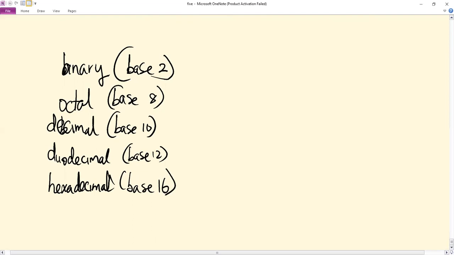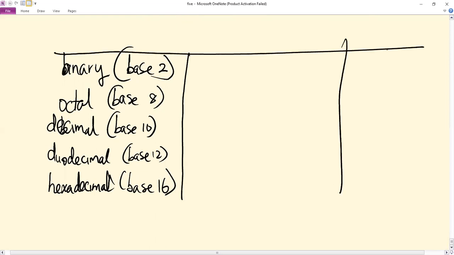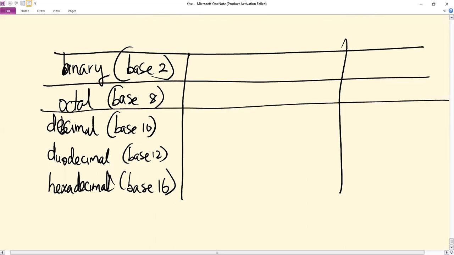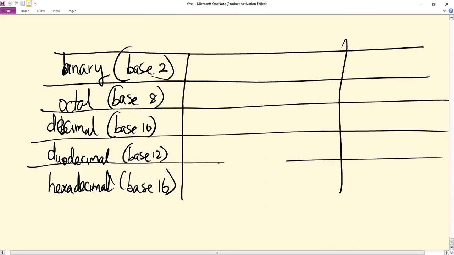So when you say each hexadecimal digit can be represented using 4 bits, you see these number systems each have a number of characters or symbols. Binary has only 2 characters, 0 and 1.